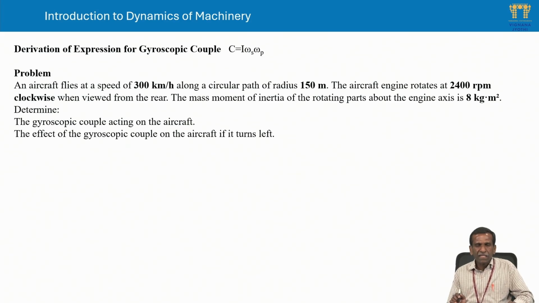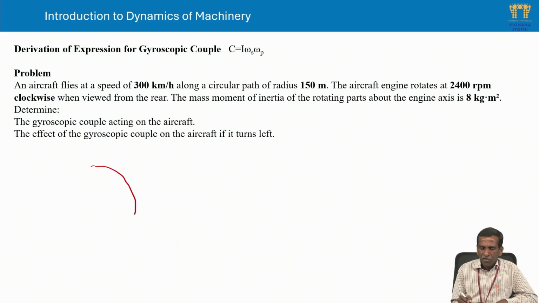Then let us take a problem on aircraft. If an aircraft is flying with a speed of 300 km per hour along a circular path of radius 150 meters, it is taking a turn.